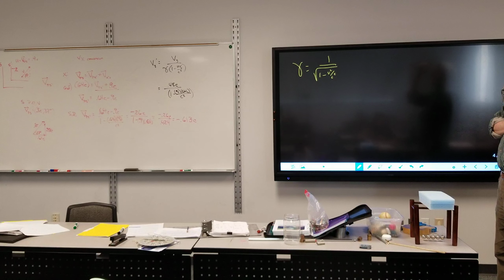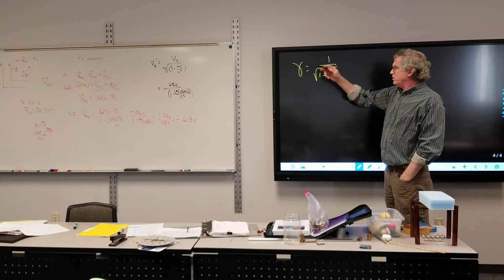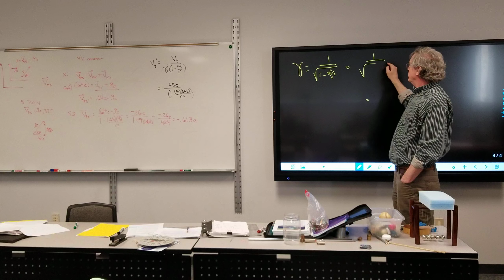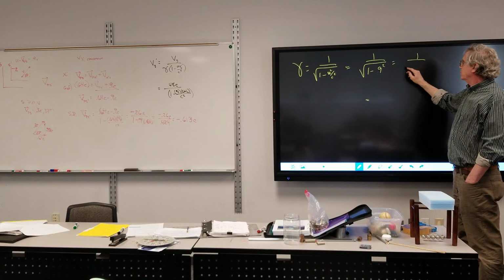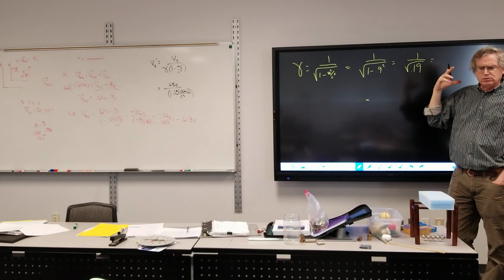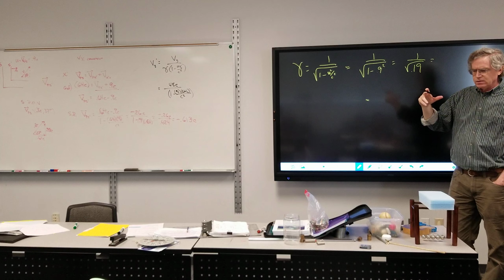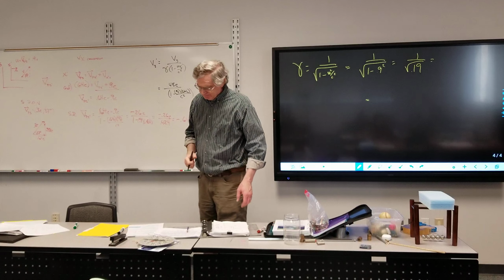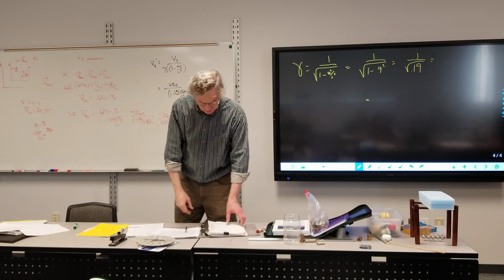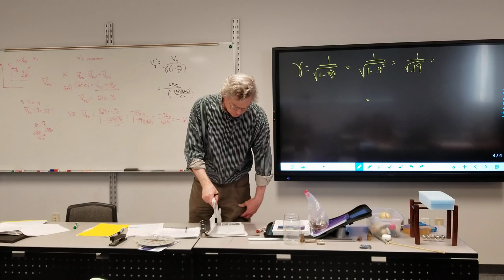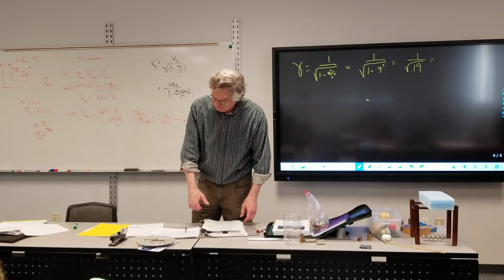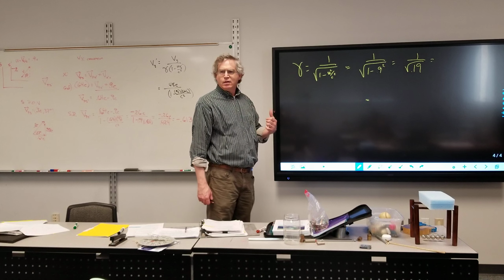This gamma is in reference to the S prime frame, so in our context here, v would be U. So this is 1 over the square root of 1 minus 0.9 squared, which is 1 over the square root of 0.19, which is 2.29.